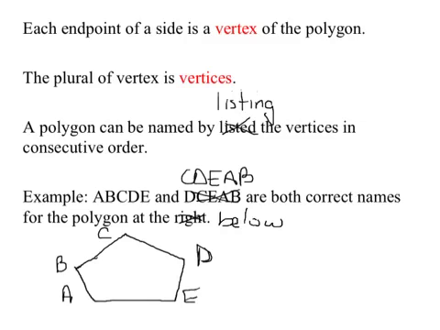So it doesn't matter which vertex I start at, you have to go consecutive. And you don't have to go clockwise, you can go counterclockwise, but you just have to go in consecutive order. And both names would be correct.